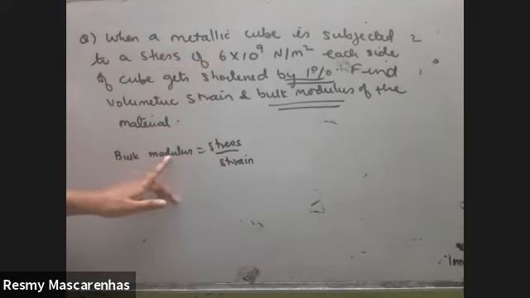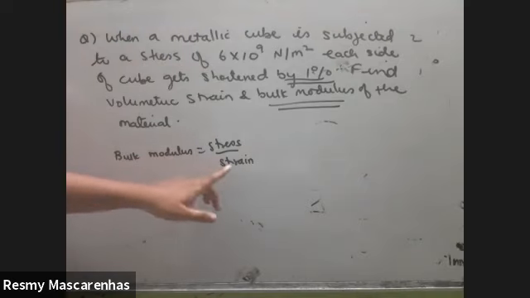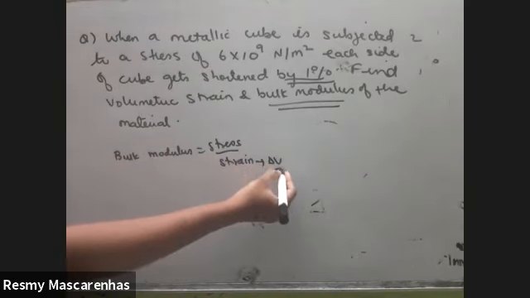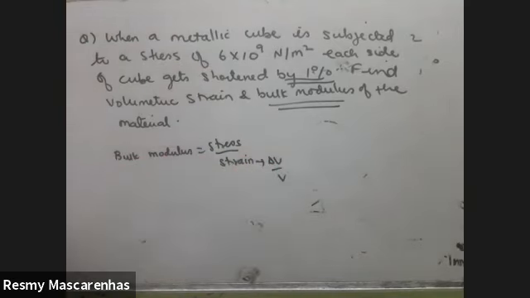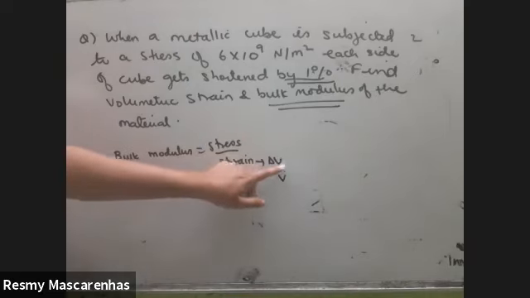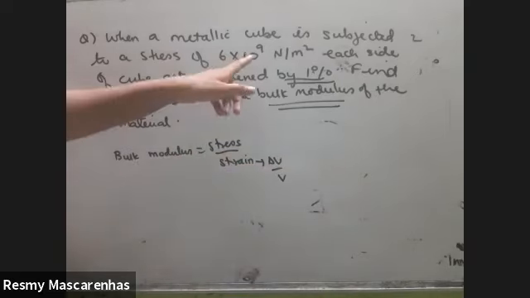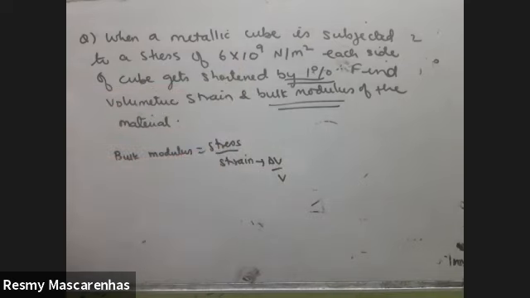You'll have to calculate the strain in order to calculate your bulk modulus. So strain is what? Change in volume, delta V upon V. If you're able to find this, you can find the bulk modulus because stress is already given. And strain is nothing but change in the volume upon V.